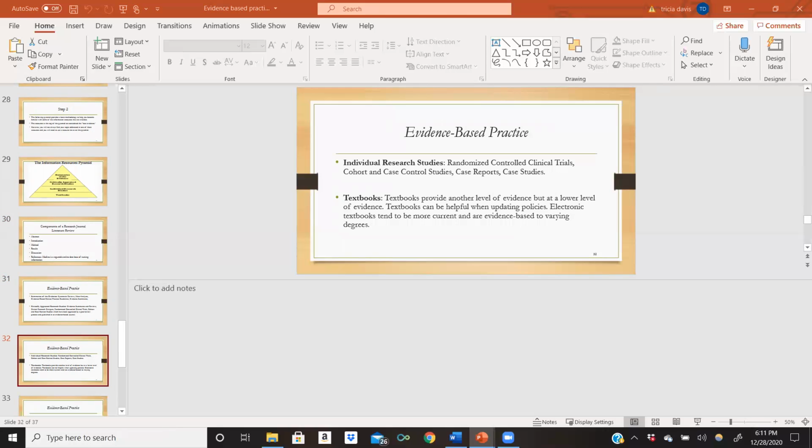You have individual research studies, which are your randomized controlled clinical trials, cohort and case control studies, case reports, and just case studies.